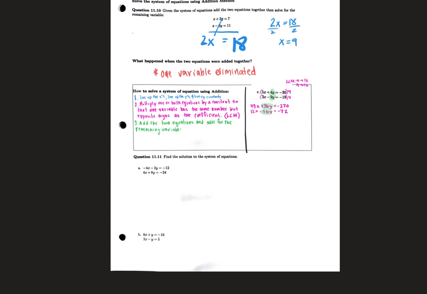So let's look at that. We have these two equations. If we add them together, we get 45x plus 12x is 57x. The y's cancel out. And then I have negative 270 plus negative 72, so that's negative 342.